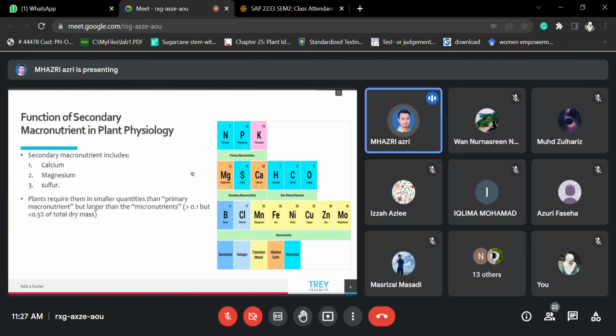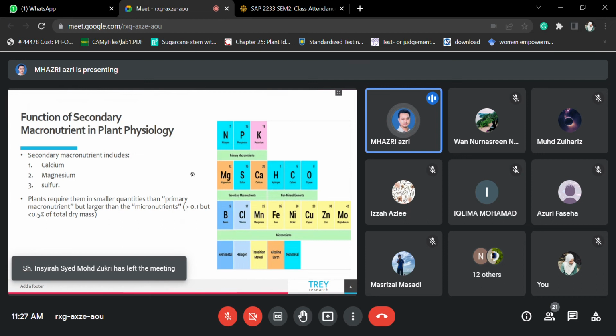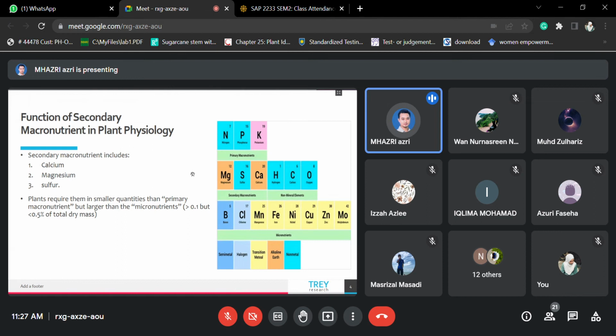So what are secondary macronutrients in plant nutrition? So we know that primary macronutrients are mineral elements required by plants in large amounts. How large is it required by plants? Usually the NPK element concentration in plant dry matter is higher than 0.5%.